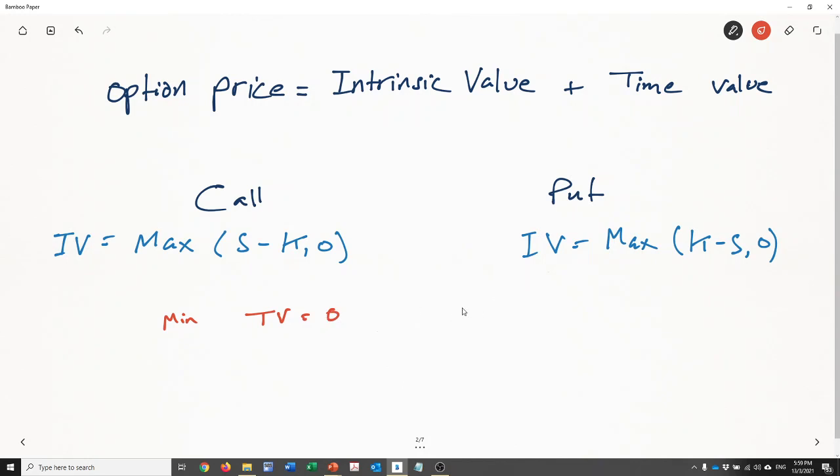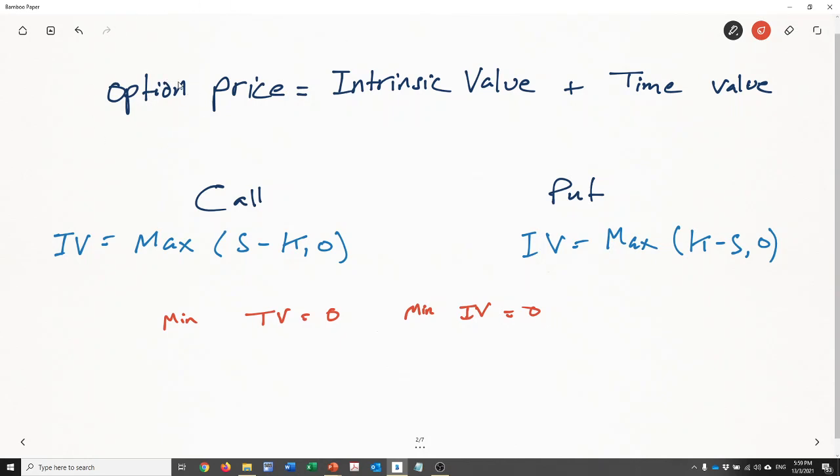How about the intrinsic value? What is the minimum value? Well, for calls or puts, the minimum for the intrinsic value is also 0. If the minimum possible values for the time value and intrinsic value are 0, then what can we conclude will be the minimum value for option prices, whether calls or puts?